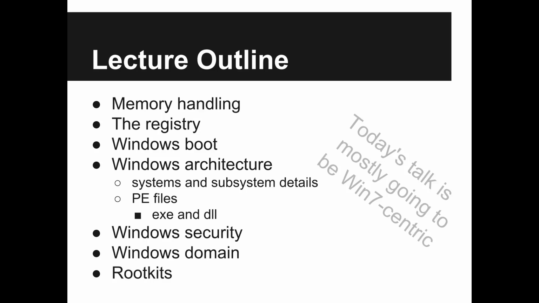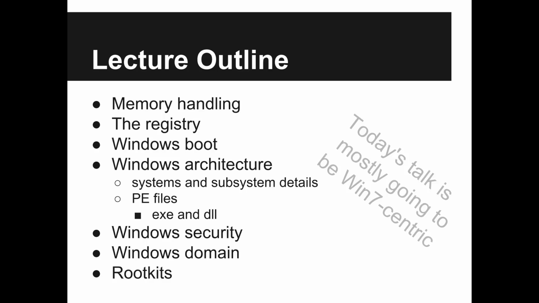So to recap what we've covered so far in this lecture, we started off with how memory is handled, the difference between paging and segmentation. And we went into the registry, the 5 main hives, and which hives are populated upon boot, and also the boot sequence, and covering how the boot sequence jumps between real and protected modes for memory protection, as well as what processes are responsible for starting what, which subsystems and systems do what.